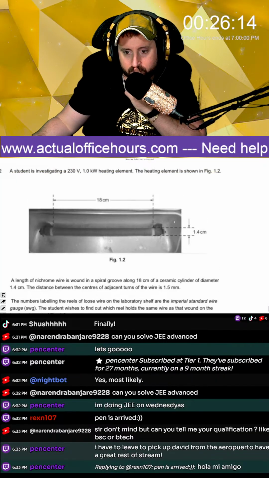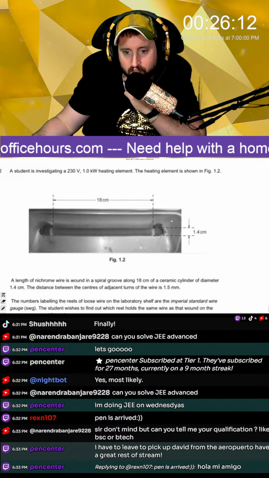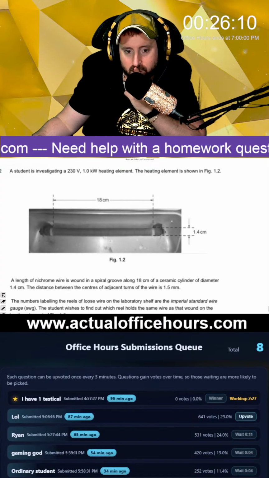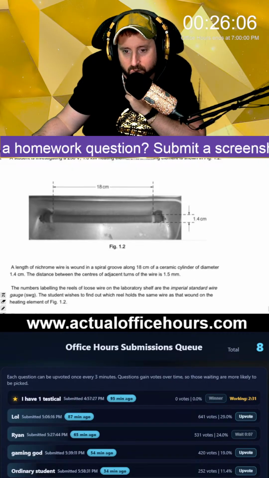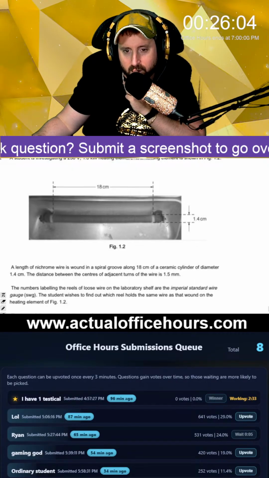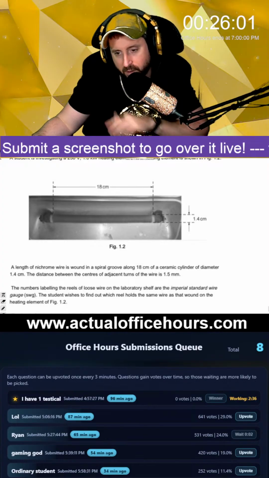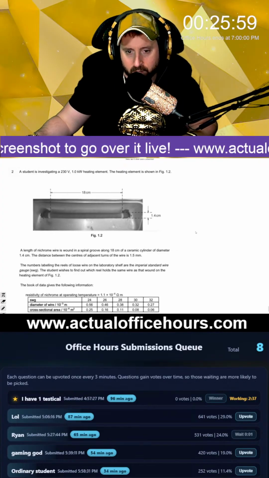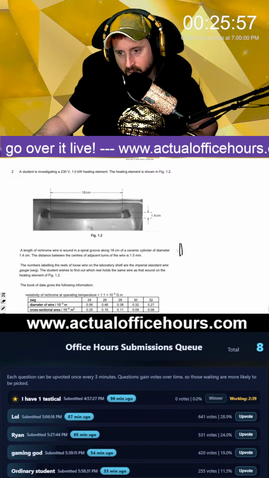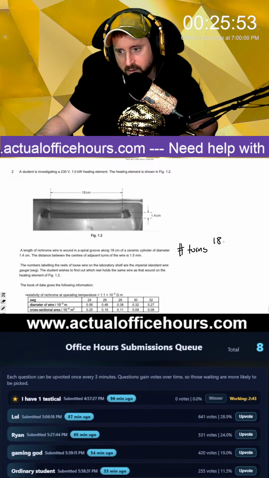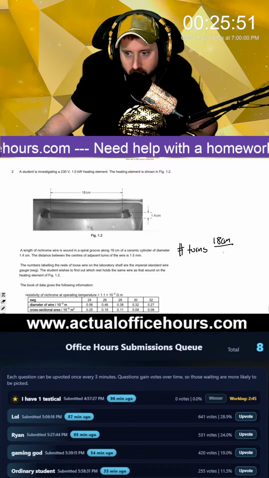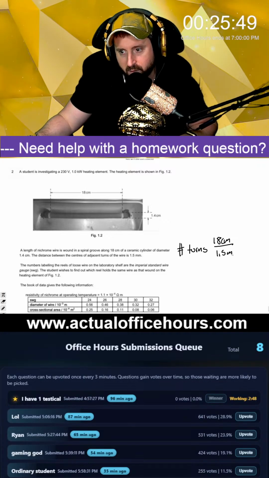Sorry, what's going on here? Okay, 18 centimeters. The diameter is that, and the distance between the centers of the adjacent turns is 1.5 millimeters. Okay. So let's figure out how many turns there are. The number of turns is equal to 18 centimeters divided by 1.5 millimeters.